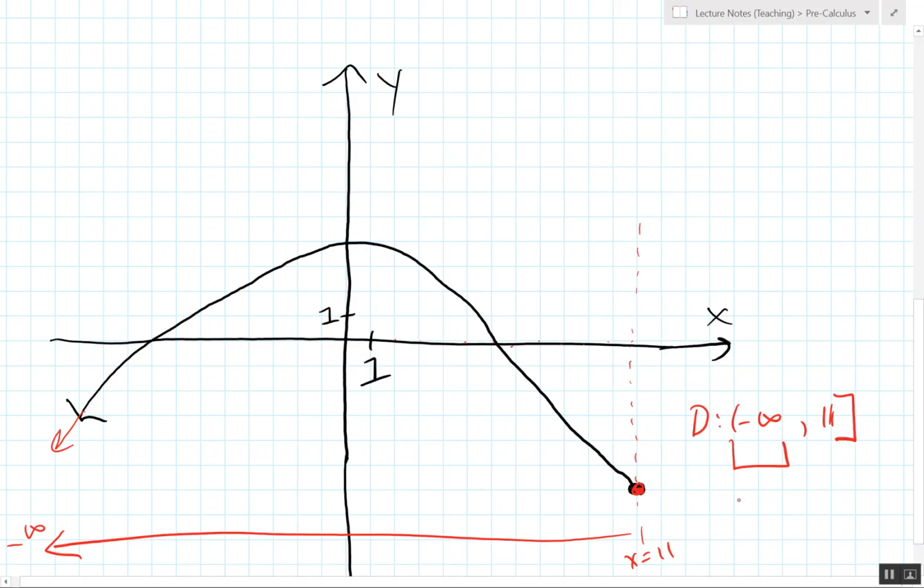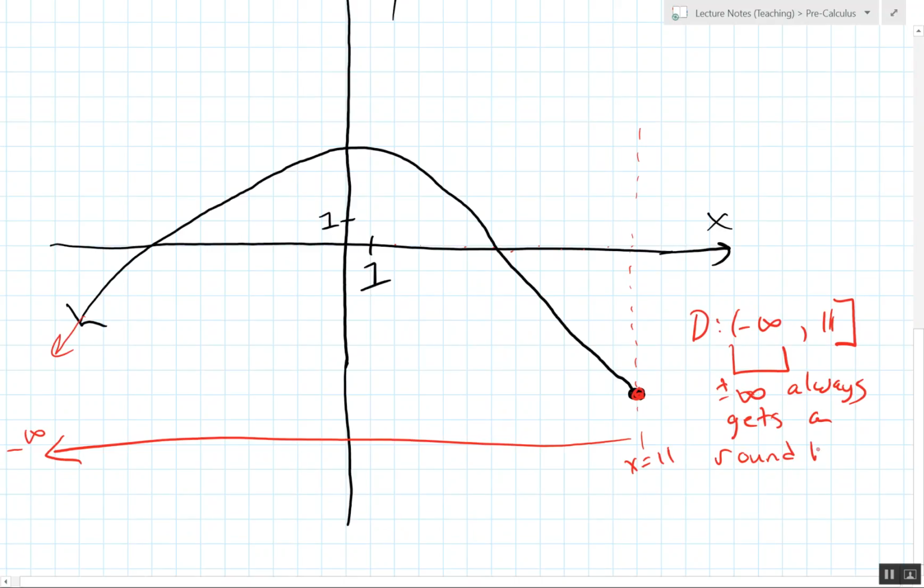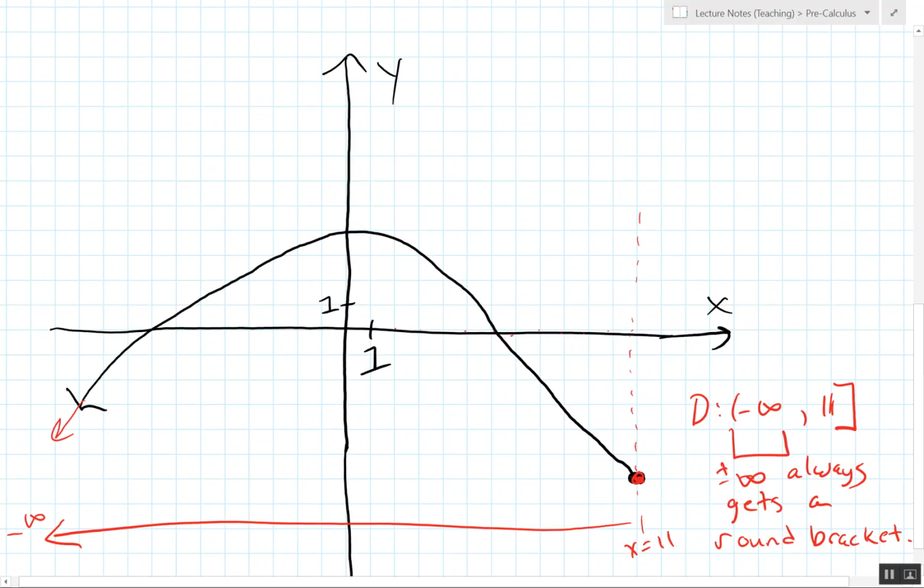Notice that negative infinity gets a round bracket. It never gets a closed bracket, because infinity is not a number, it is just the concept that means go forever in this direction.